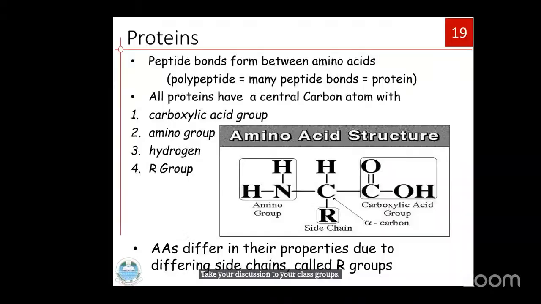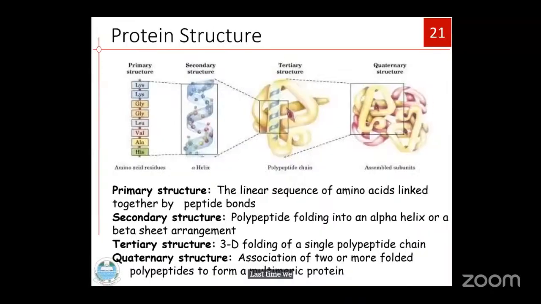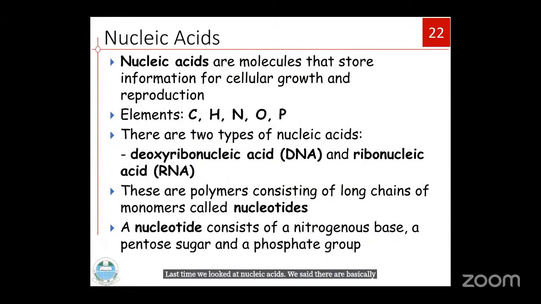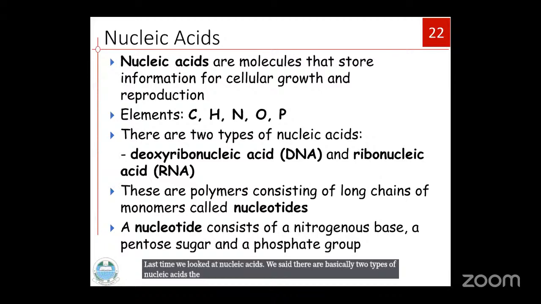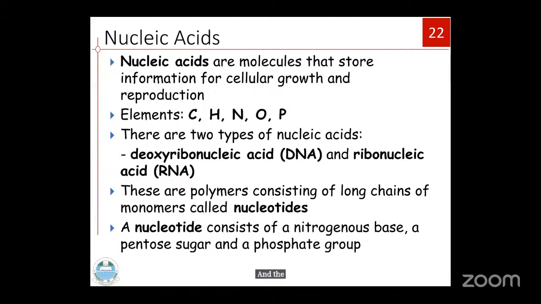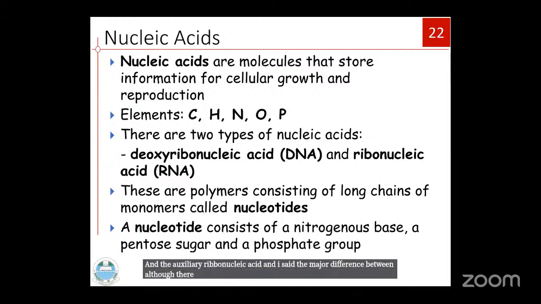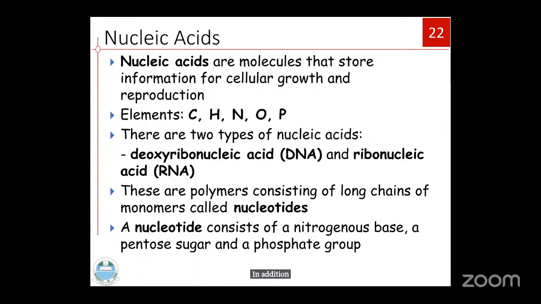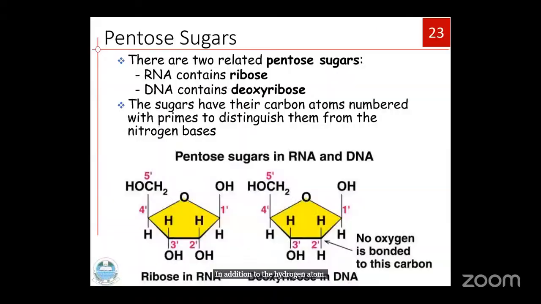All right. Last time we looked at nucleic acids. We said there are basically two types, the ribonucleic acid known as RNA and the deoxyribonucleic acid. Structurally, what distinguishes a DNA from an RNA is the presence of oxygen in addition to the hydrogen atom at carbon position 2 of the pentose sugar, whereas in DNA, the oxygen is missing at that position.